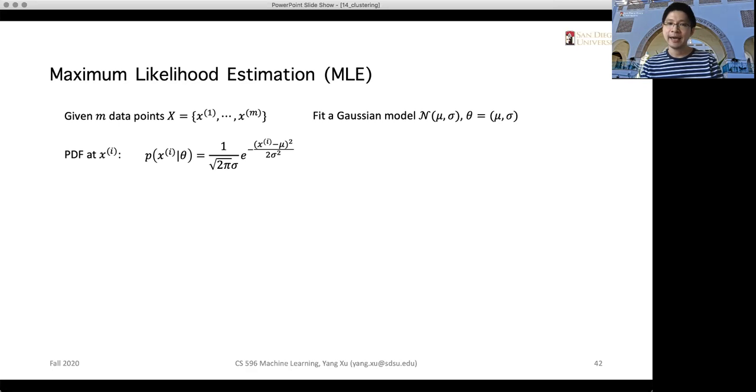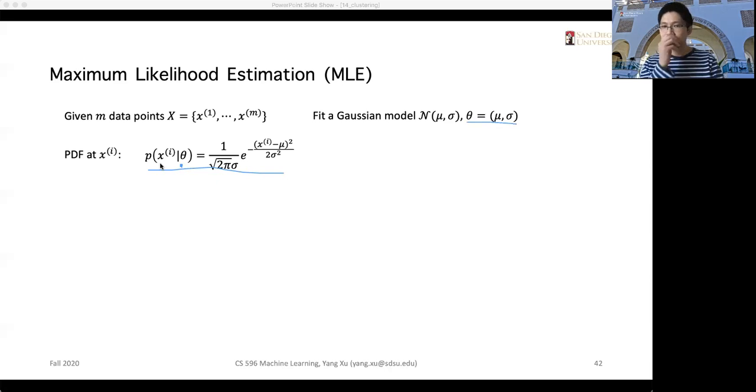Then the value of the PDF function at the point xi is defined like this. It is given by the definition of Gaussian distributions. The theta here actually refers to the mu and sigma.